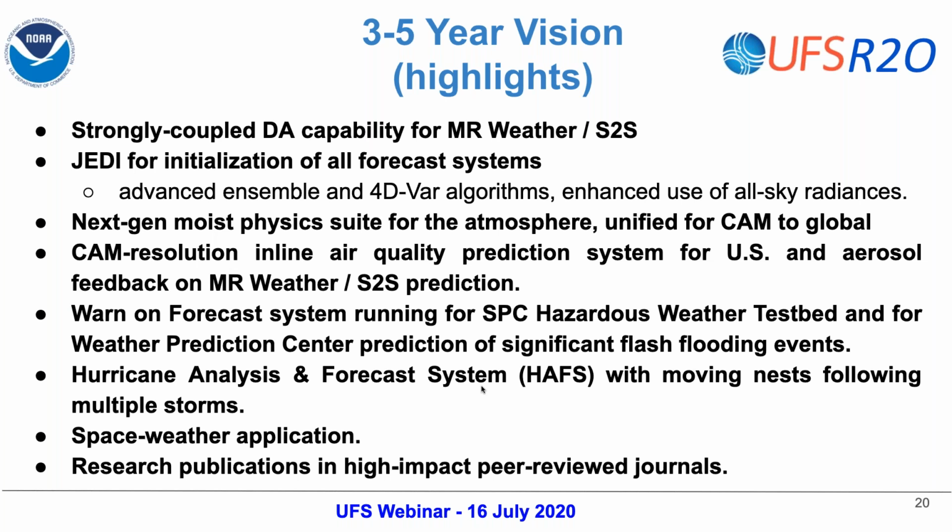We'll have a hurricane analysis and forecast system everybody calls the HAFS, with moving nests for multiple storms. We will have the beginnings of a space weather application. And of course, important to the university community, we will have research publications in high impact peer reviewed journals.